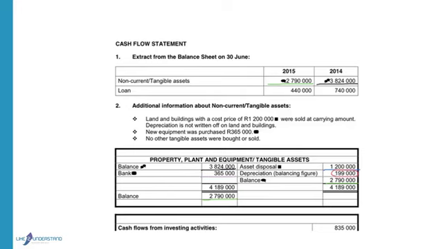So in this property, plant and equipment calculation, they can either leave out the depreciation, or the amount that you paid for the new fixed assets purchase, or the amount that you sold the fixed assets for at the end of the year. Whichever figure is left out, you will work out by balancing.